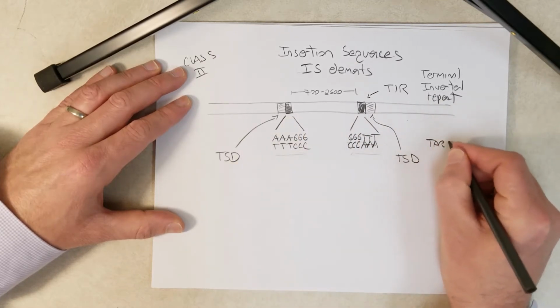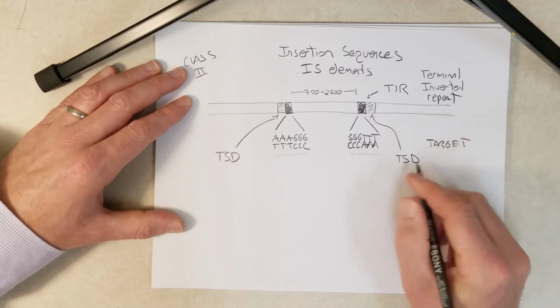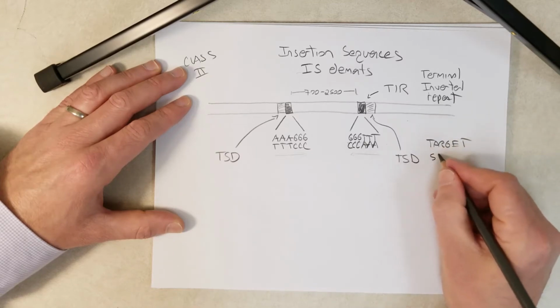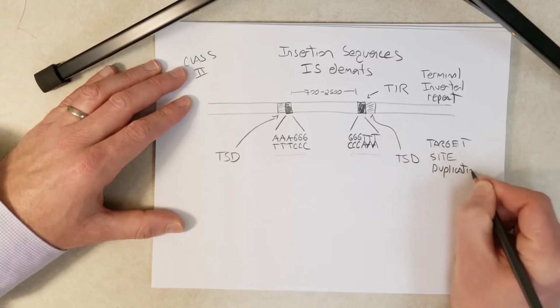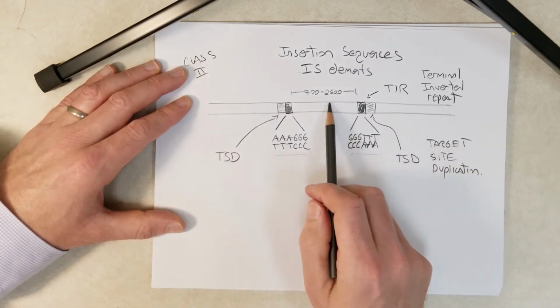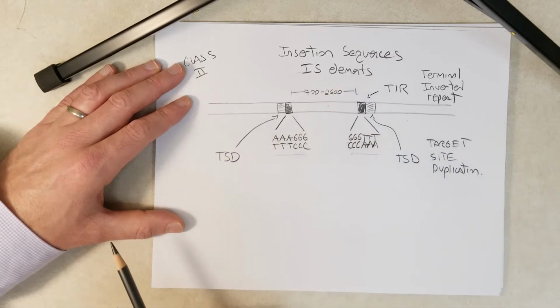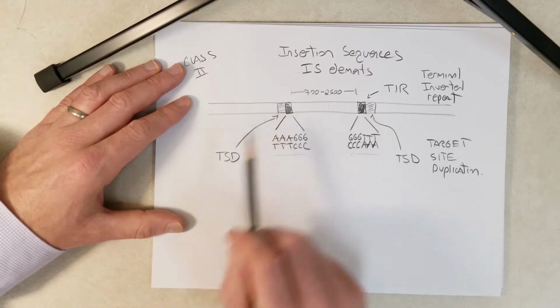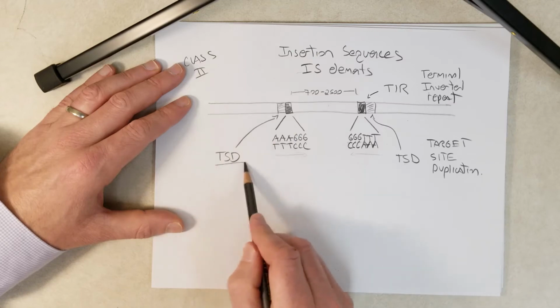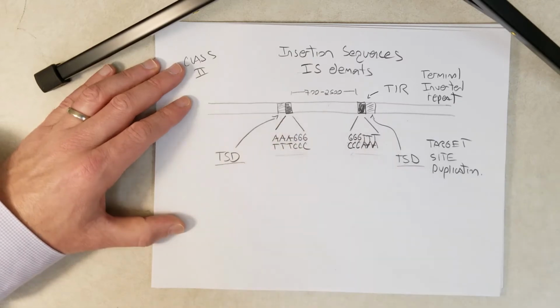And that stands for target site duplication. So it's something about the way IS elements insert into a target site in a genome. The particular way they insert causes a duplication of the target site. So we get a target site duplication.